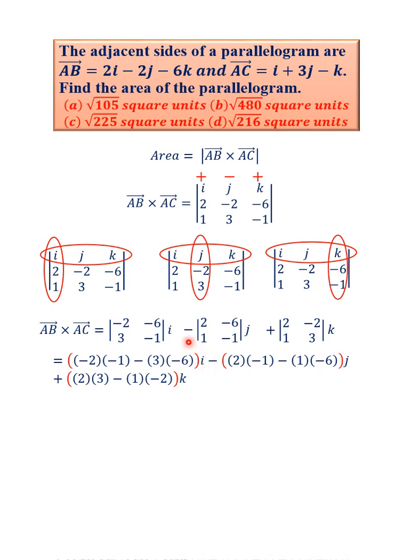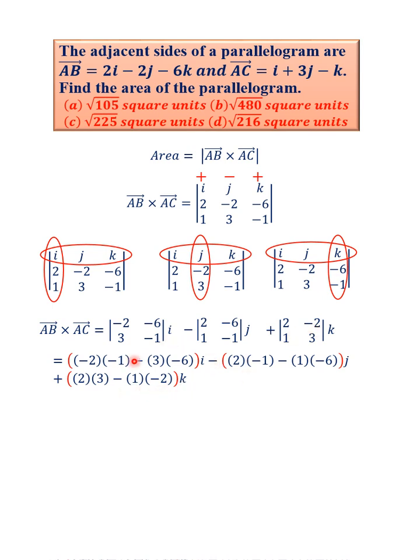The negative sign, you drop it here, and you do the same for j: 2 times minus 1, minus 1 times minus 6, and then your j vector. Plus, for the third one, 2 times 3, minus 1 times minus 2, and then your k.